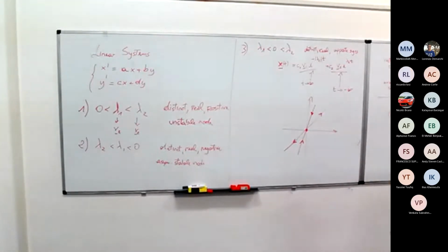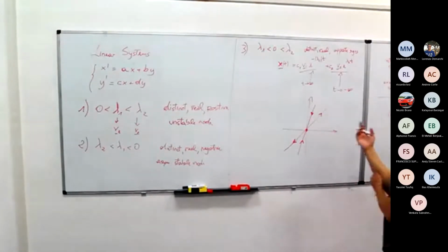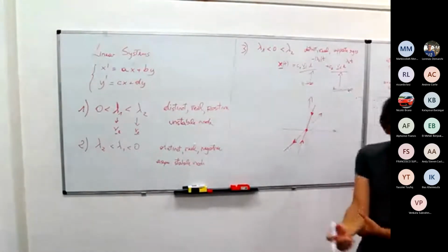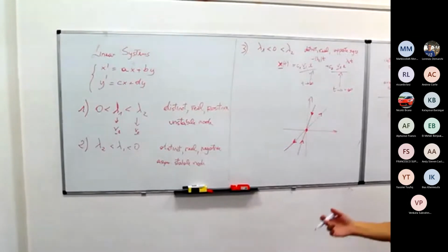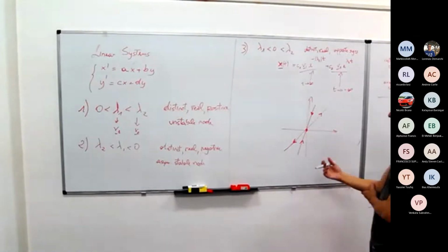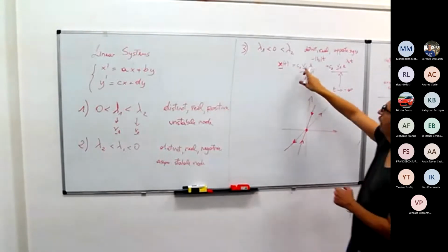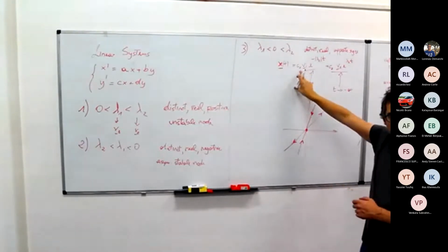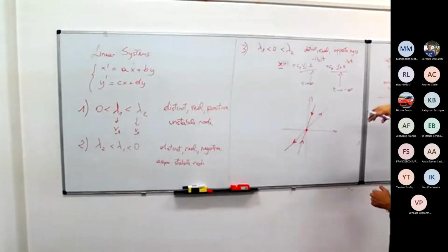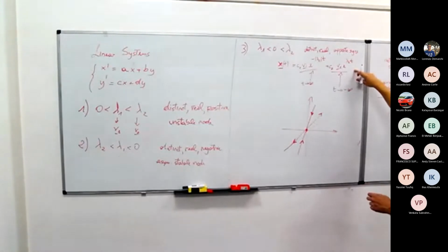So what about all the other orbits? Remember, these ones are just these particular orbits. So what are all the other orbits? All the other orbits can be built out from this one. So what we can say is that the orbits are entering following V1 and are going outside following V2.